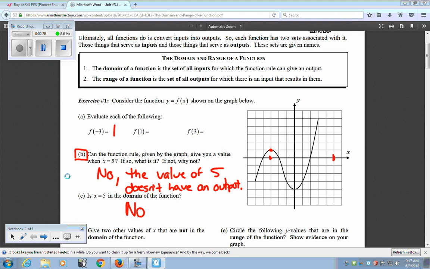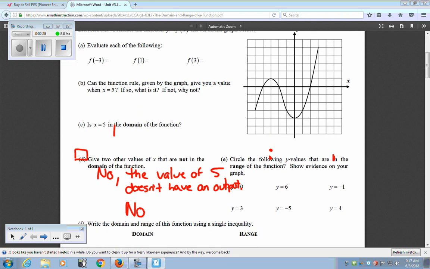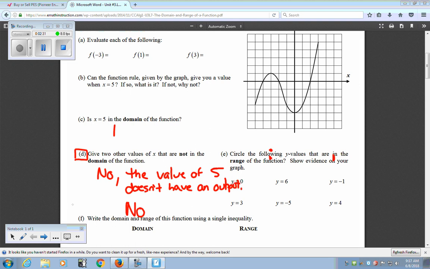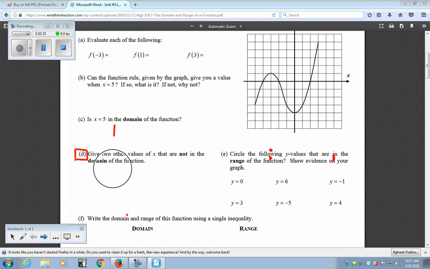Now 5 isn't in the domain, but there are some other values that aren't in the domain as well, and that goes into part D. Then I'm going to have you work on part E, and I'll show you an example. It says circle the following y values that are in the range. So if you're using the y values, you're using this line.